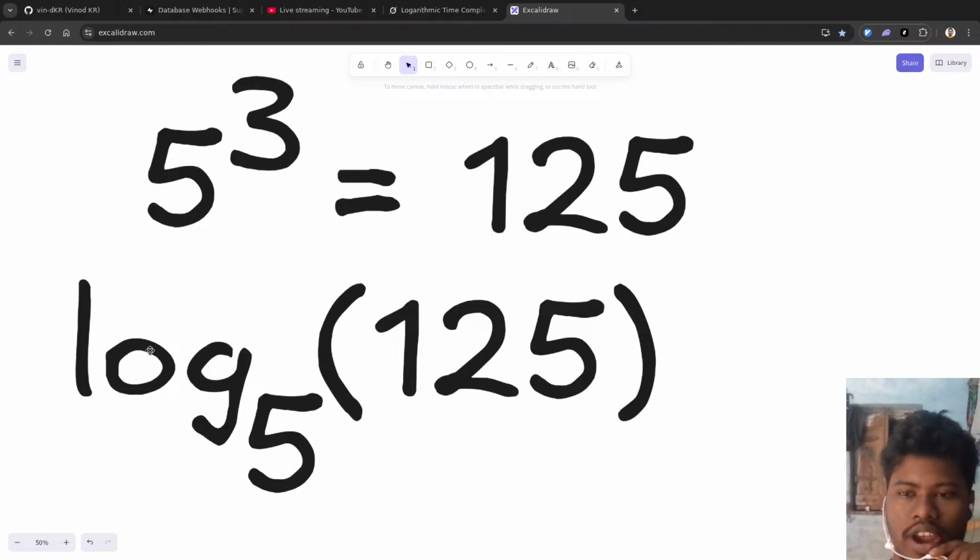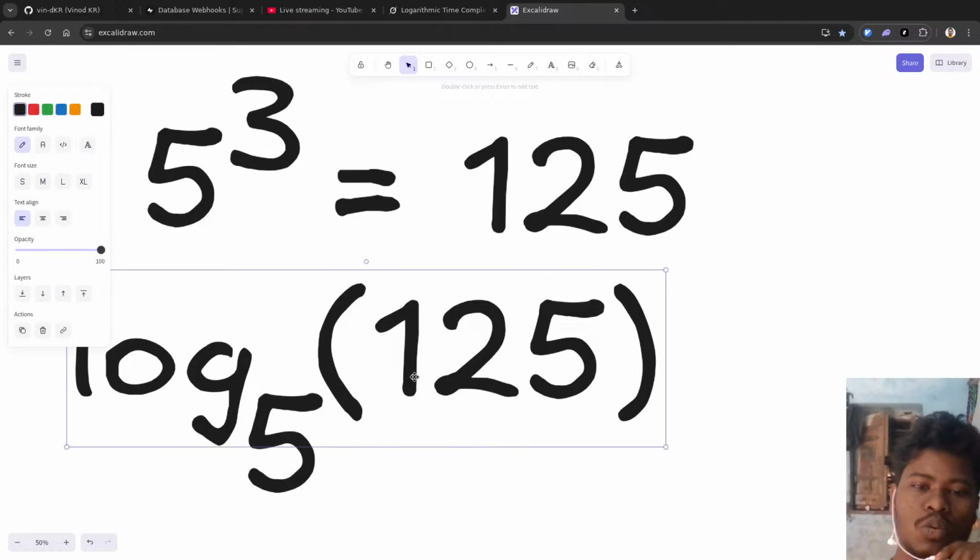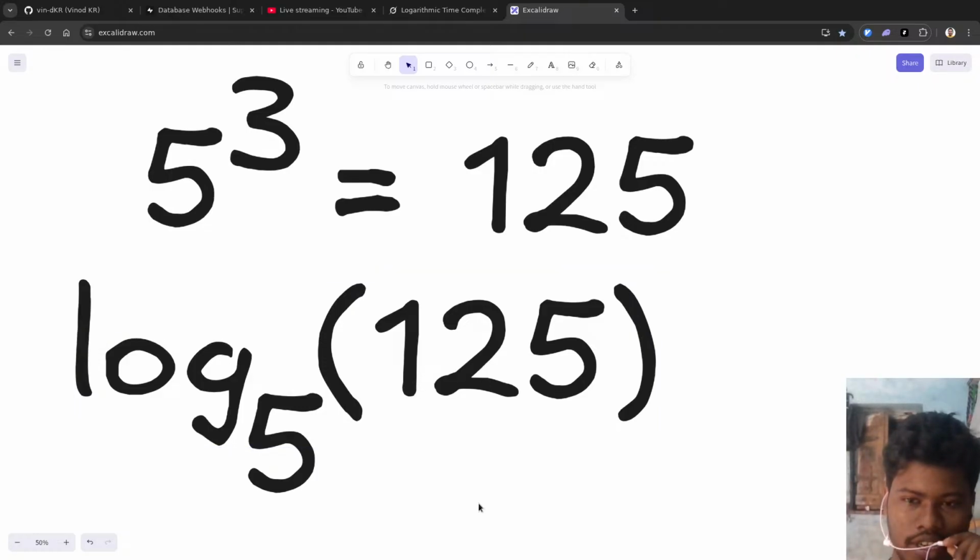So we'll write this equation like this, log base 5 of 125. That means what power we keep on this base to get 125. That's it.